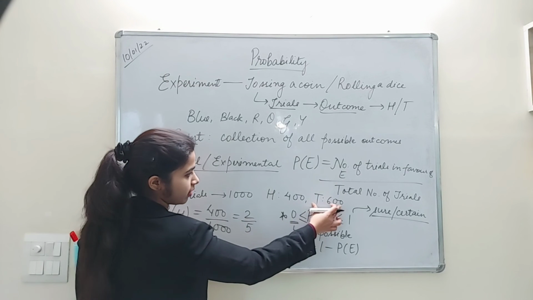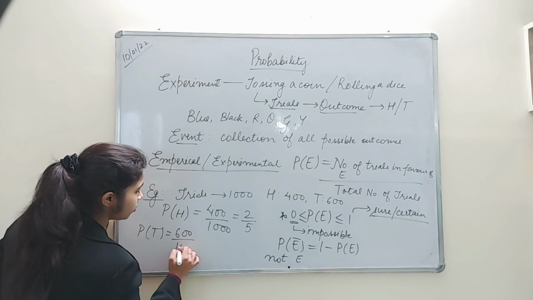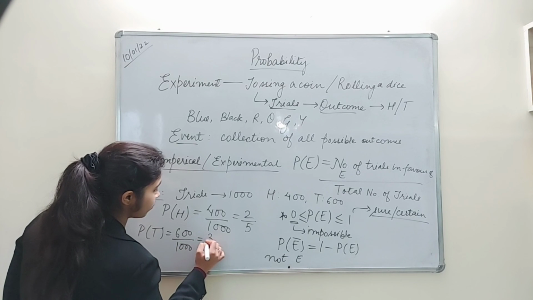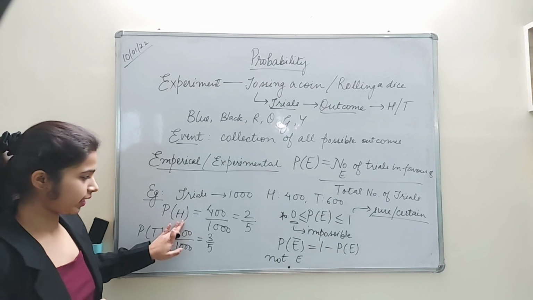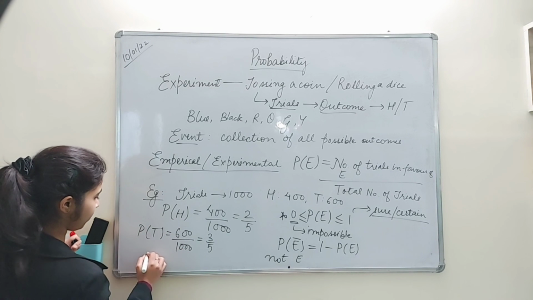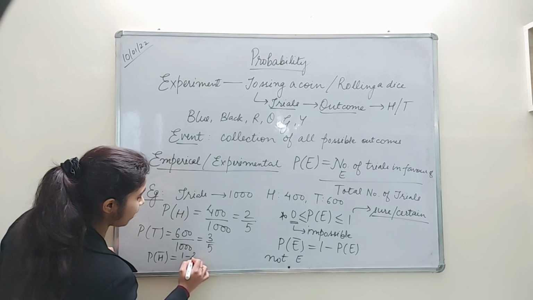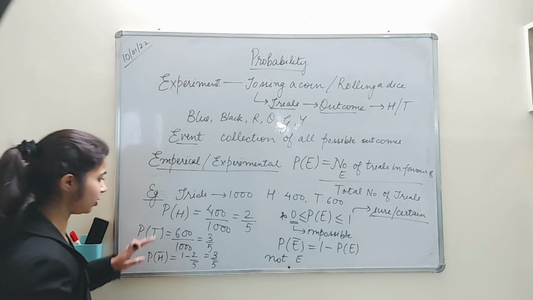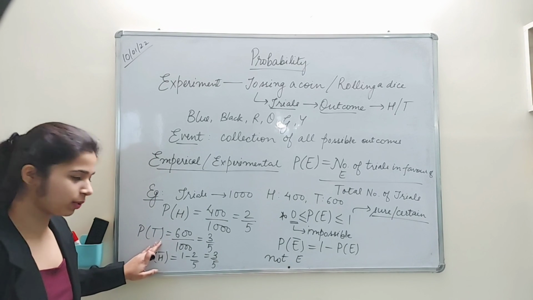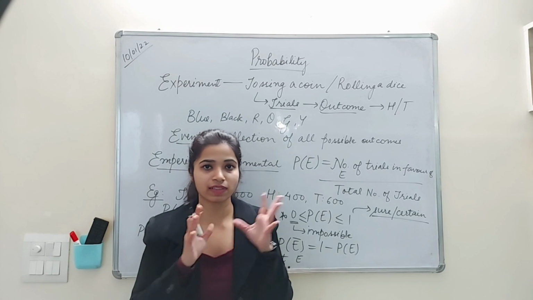The number of trials that are favorable to tail, that is 600, upon the total, that is 1000, what do we get? 3 by 5. We can see that the probability of not head, what will be that? P(not H) will be 1 minus 2 by 5, that is 3 by 5, which is obviously tail, because this is an event in which we will for sure have some outcome or the other.